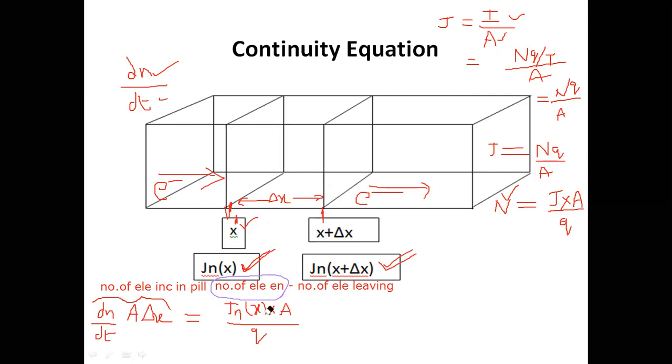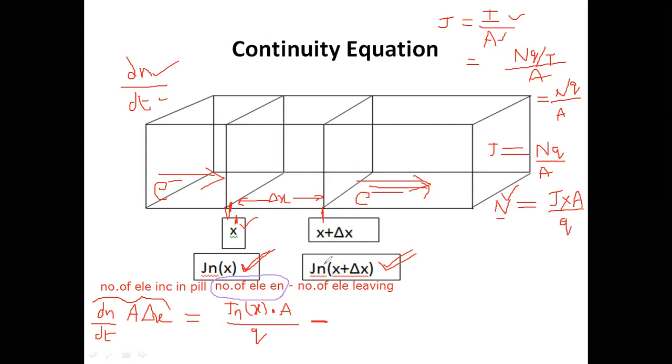Note, this is not x, it is into. So Jn of X into A by Q is the current density entering, right? Minus the leaving current. What is the leaving current? I want to know the number of electrons leaving. Again, the number of electrons leaving equals J into A by Q. At what point?